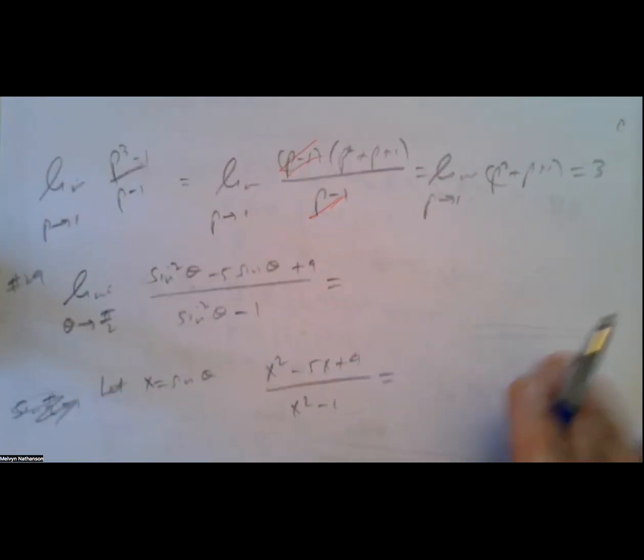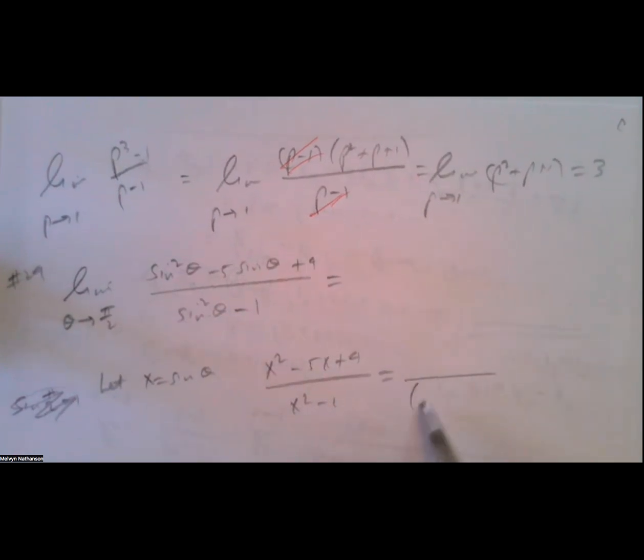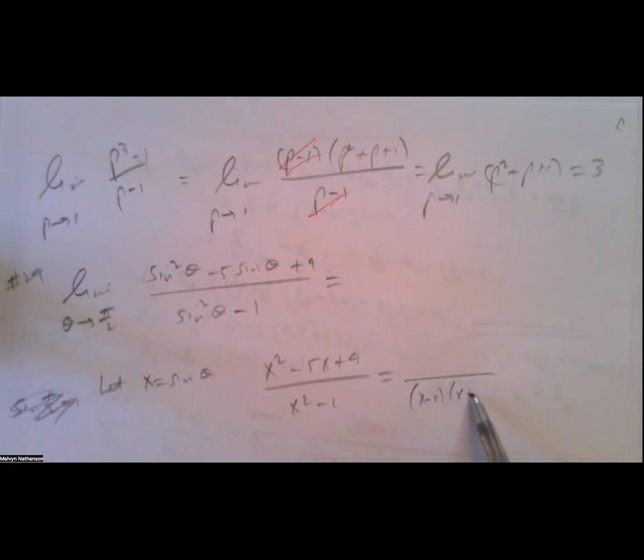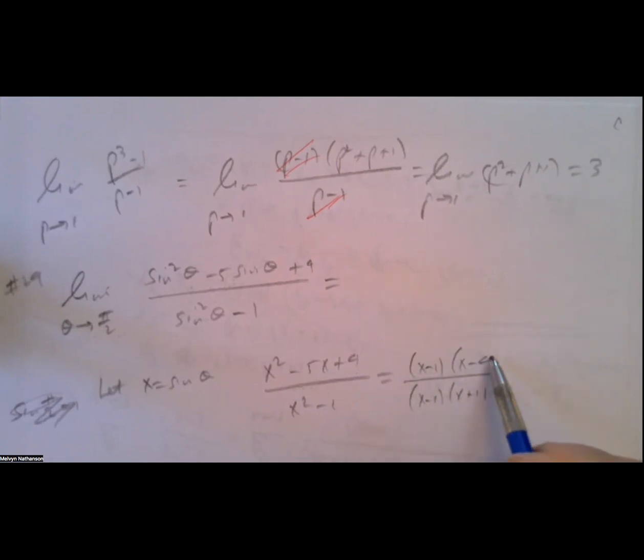And these are just quadratics, and these you have to know how to factor. X squared minus 1 is x minus 1 times x plus 1. And x squared minus 5x plus 4 also factors into x minus 1 times x minus 4.